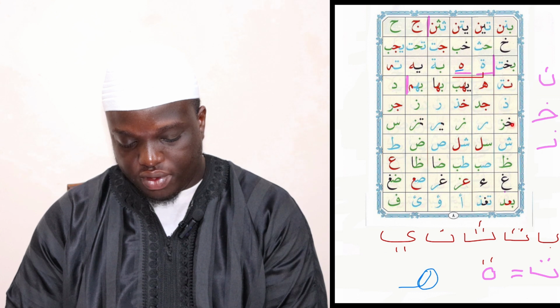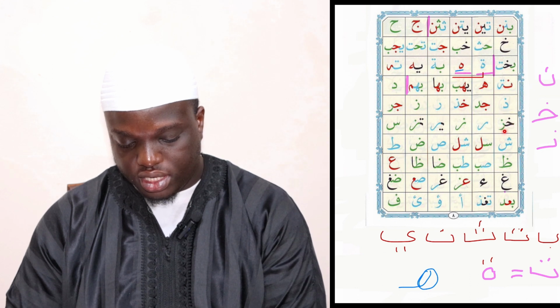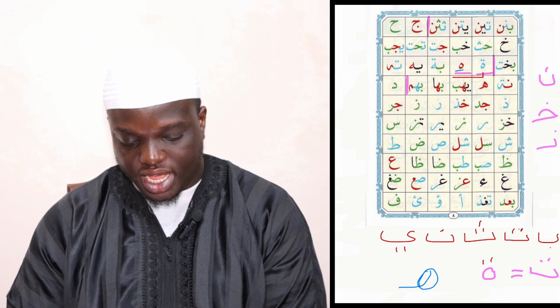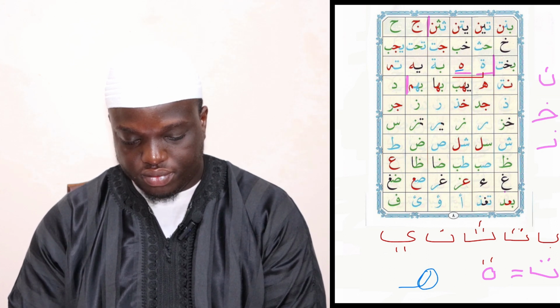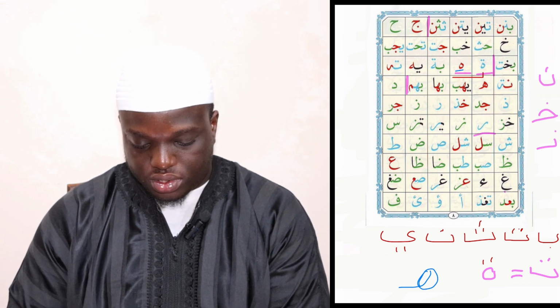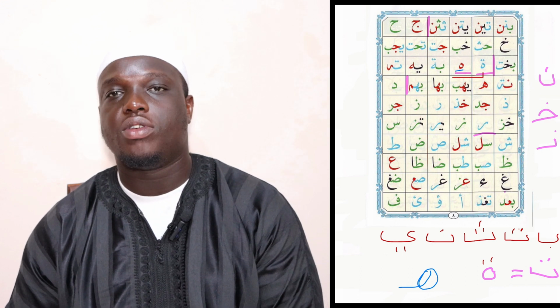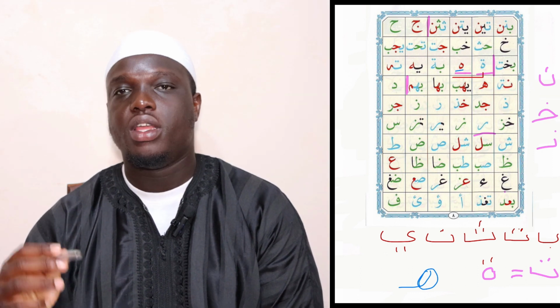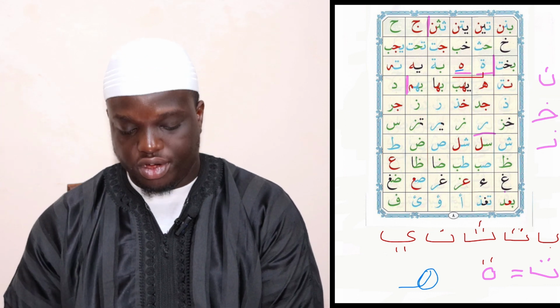And right here we have, what letter is this? Kha. What letter is this in the green? Za. Kha, za. Now this right here is another way to write down Ra, just in a different style of written art, in Arabic art.